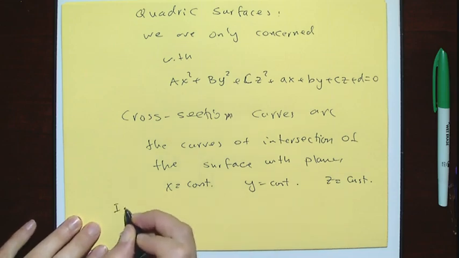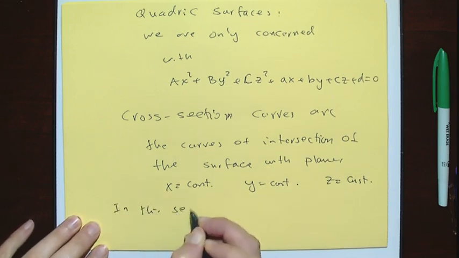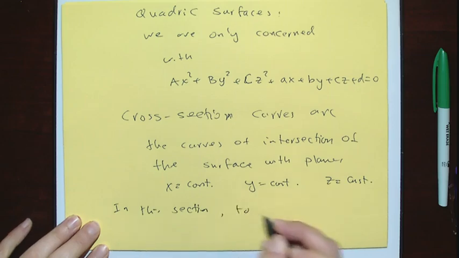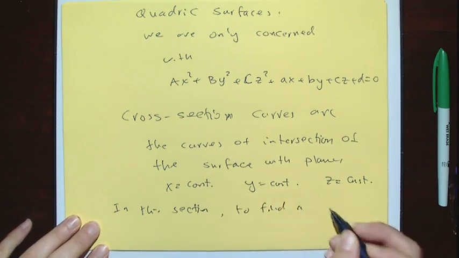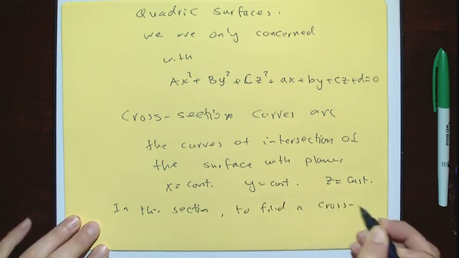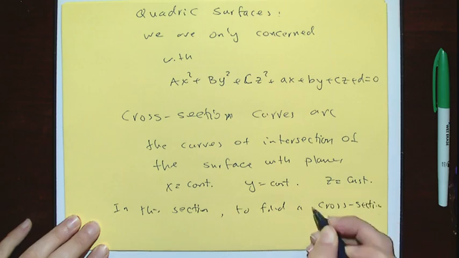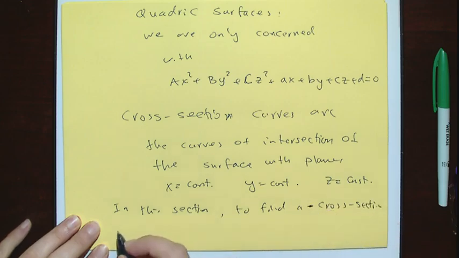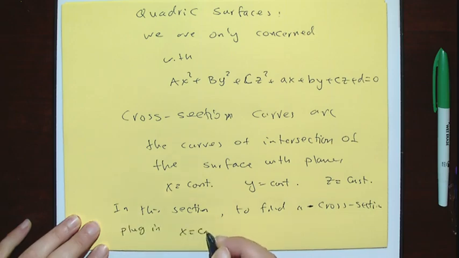So in this section, to find a cross section, oh, sorry, there was no dash in here. Plug in x equal to constant or y equal to constant.